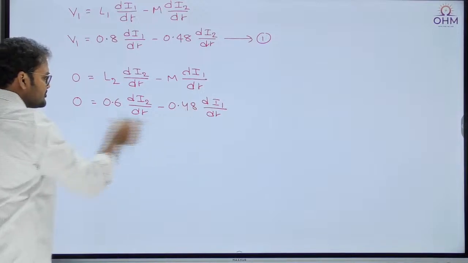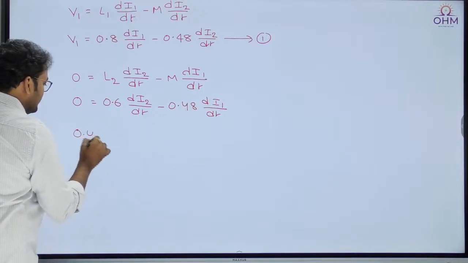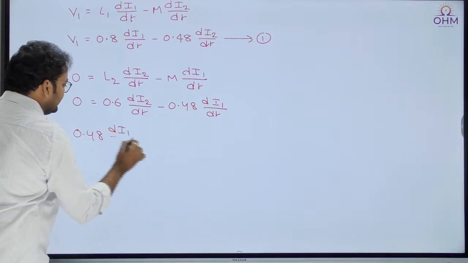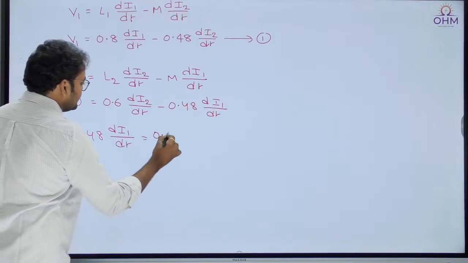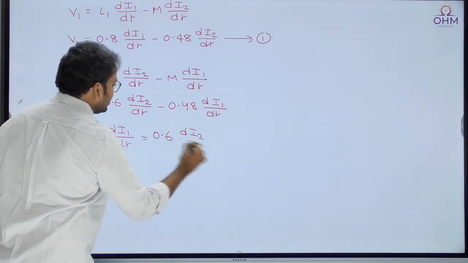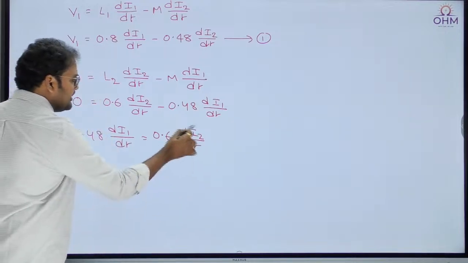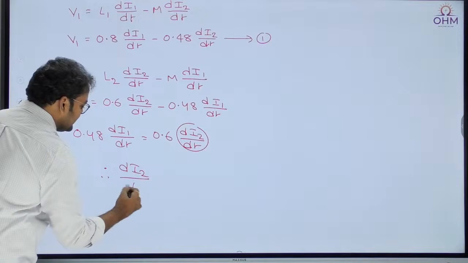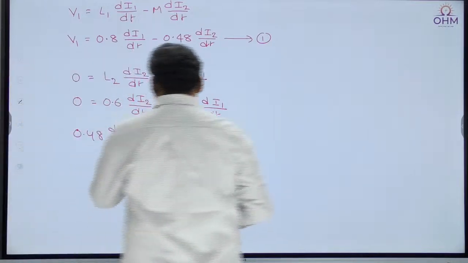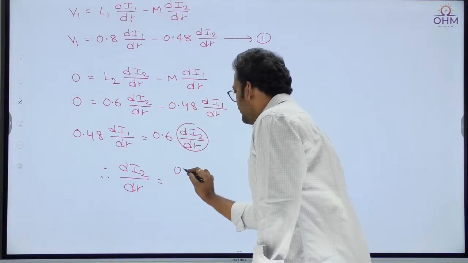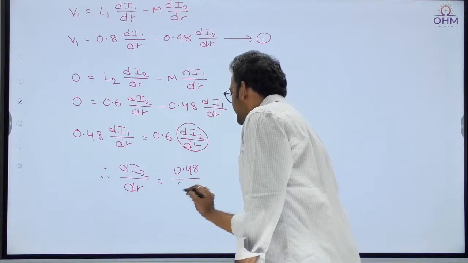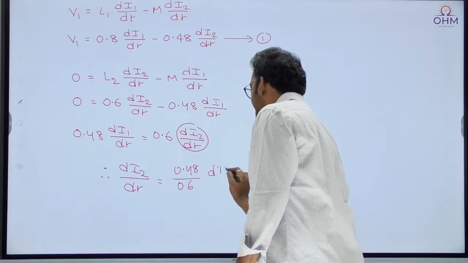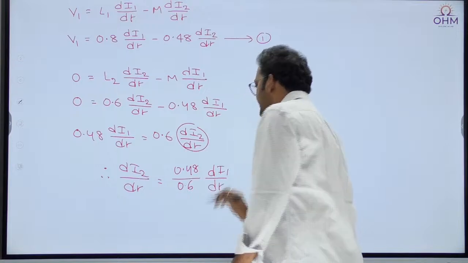You can take this product to the left side. So 0.48 di1 by dt is equal to 0.6 di2 by dt. Separate di2 by dt now. Therefore, di2 by dt is equal to, sending 0.6 to the left side, 0.48 divided by 0.6 into di1 by dt.